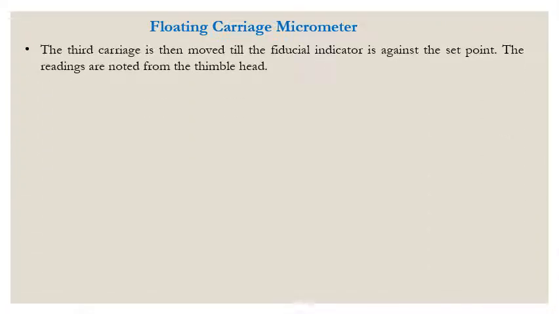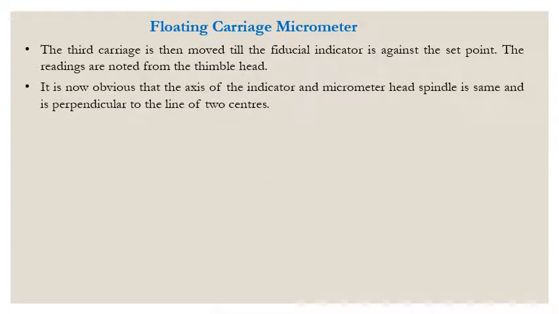The third carriage is then moved till the visual indicator is against the set point. The readings are noted from the thimble head. It is now obvious that the axis of the indicator and micrometer head spindle is the same and is perpendicular to the line of the two centers.